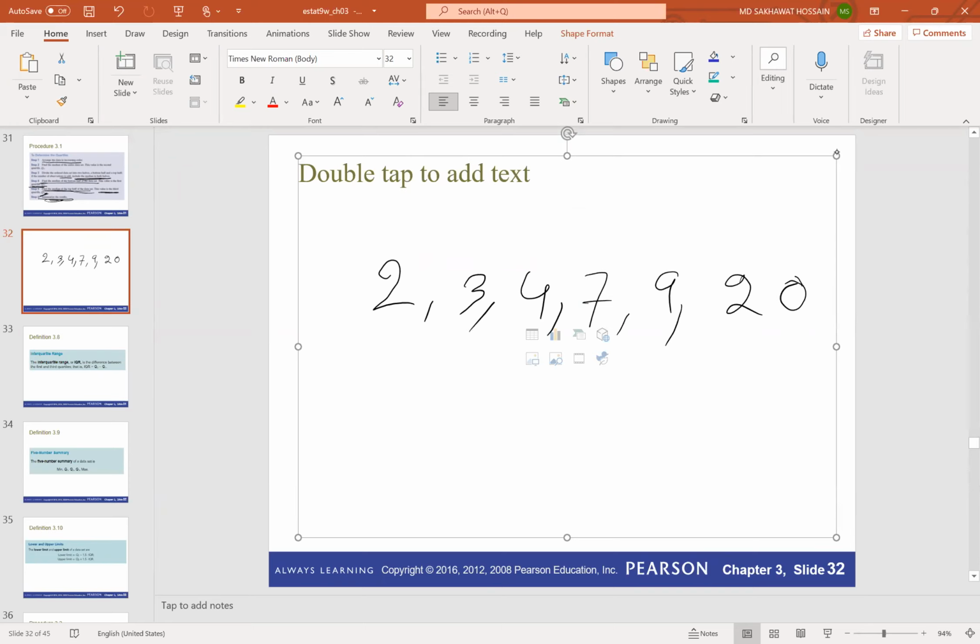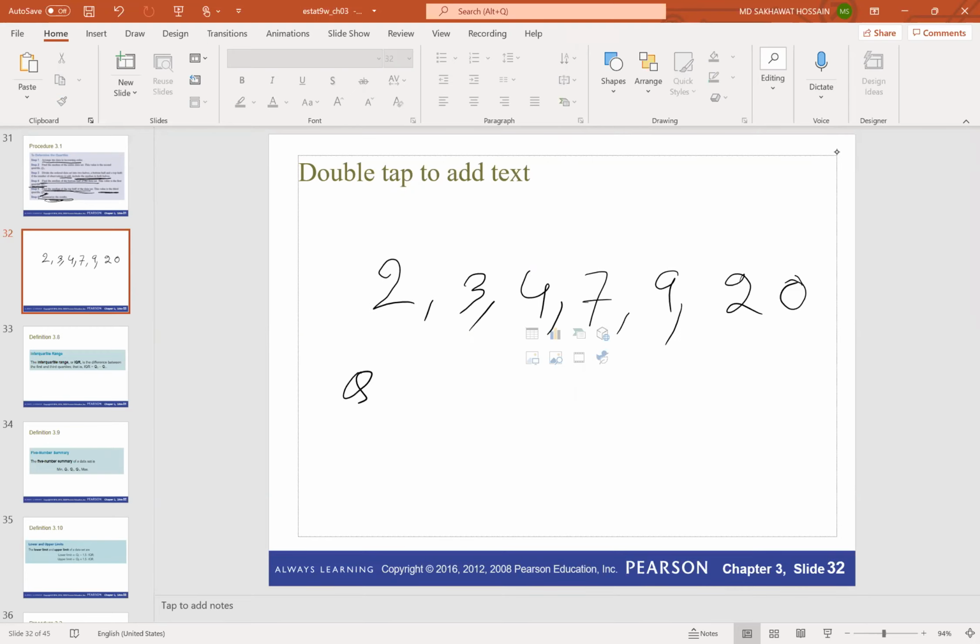So what is the median? First, we need to find the median, which is Q2. So can anyone tell me what is the median in this case? What is Q2? What is the value for median in this case? Anyone?